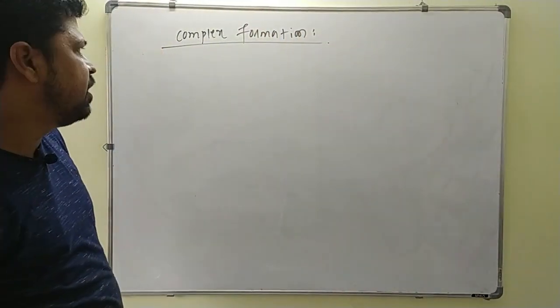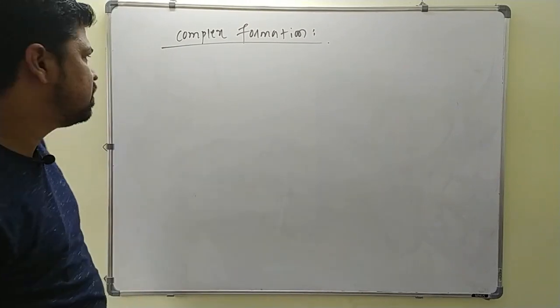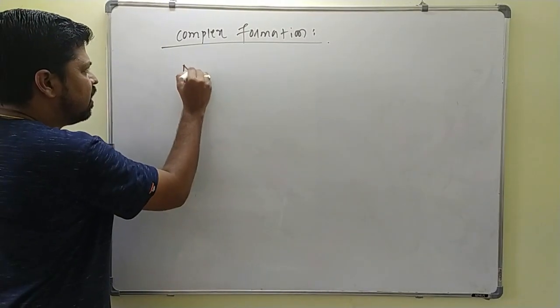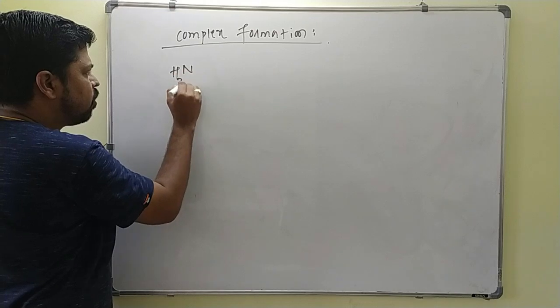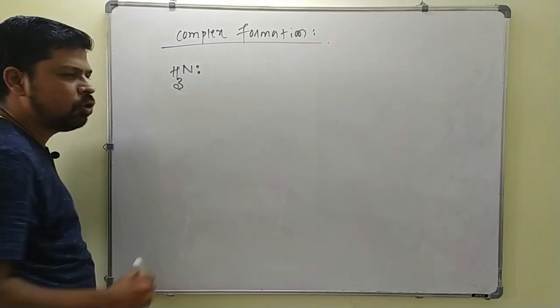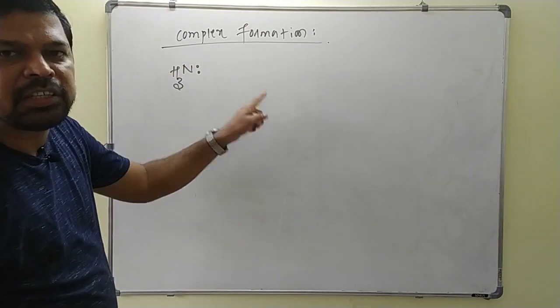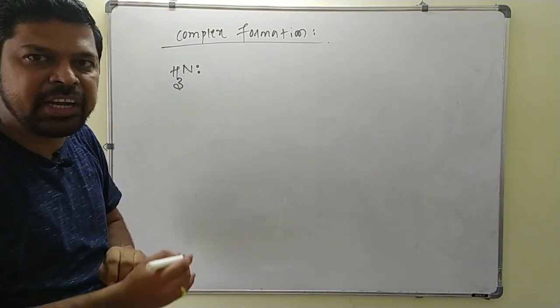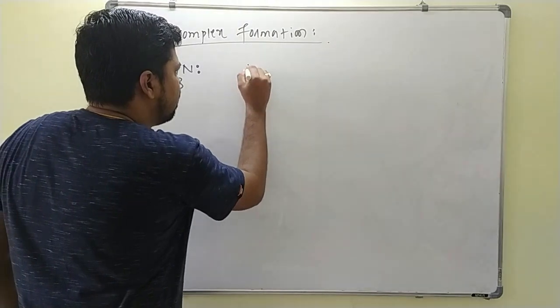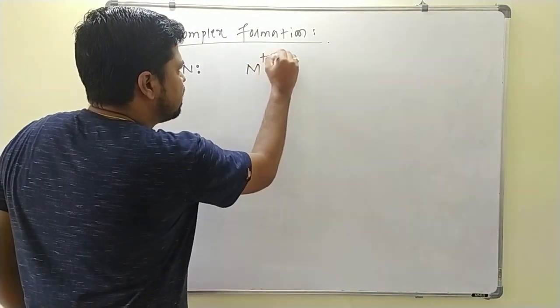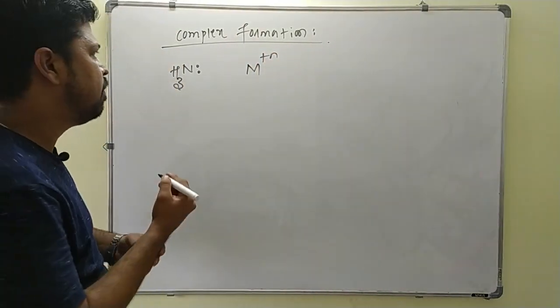Complex forming tendency of ammonia with metal ions. Already we know that there is a lone pair of electrons on the nitrogen atom. Due to the presence of this lone pair, ammonia donates a lone pair of electrons towards the vacant orbital of the metal ion. Suppose this is the metal ion, having some charge, I will take N plus.